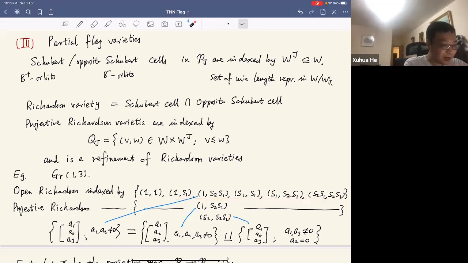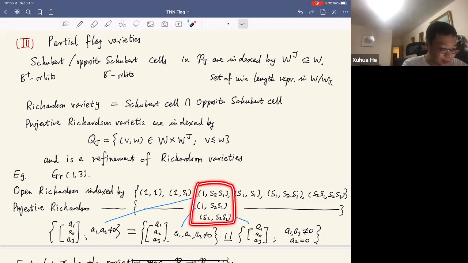However, because of the first one, we can take this to be in the W lower J. So we could also have this S2 and S2 S1.